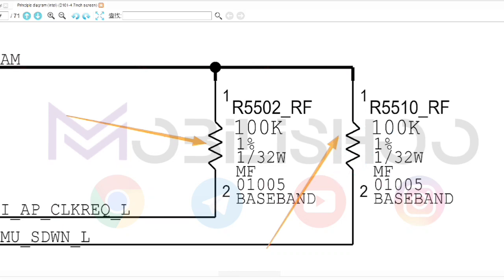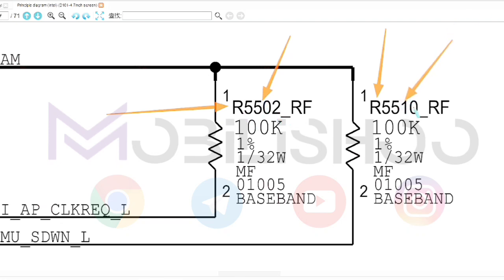Again, we see the letter R, which is the symbol for resistance and the first letter of the word resistor. Following this, you will see the resistor codes shown as 5502 and 5510. Finally, you will see the word RF, which indicates that the component is in the antenna circuit.